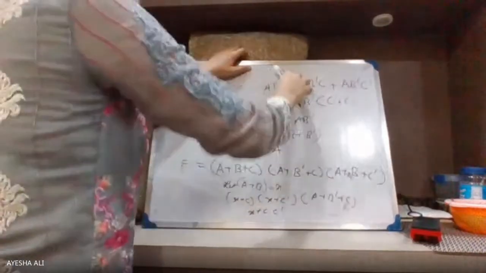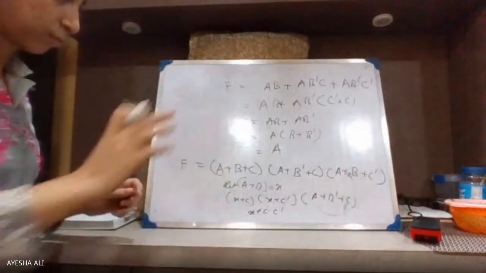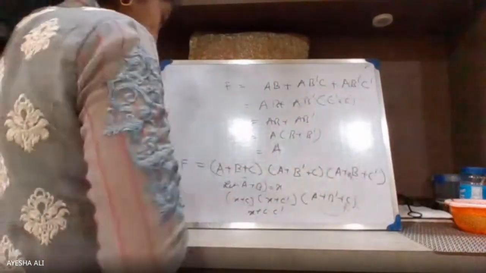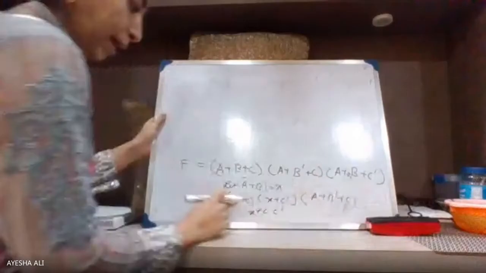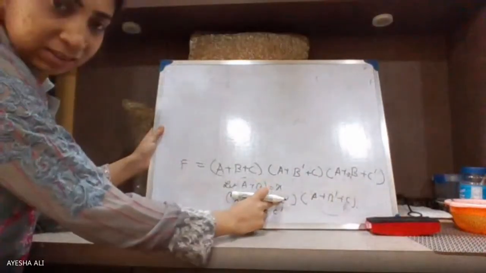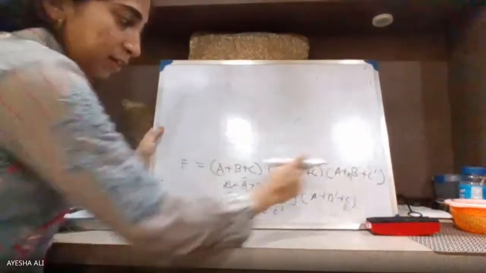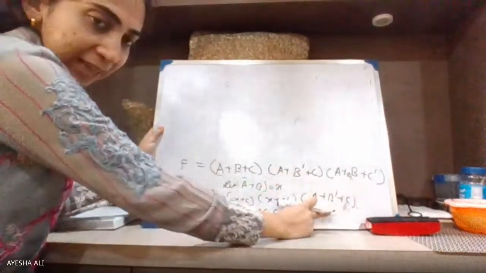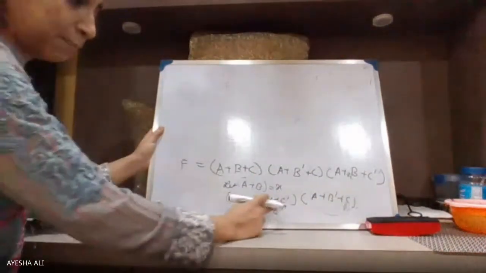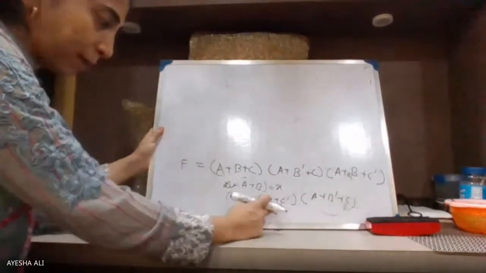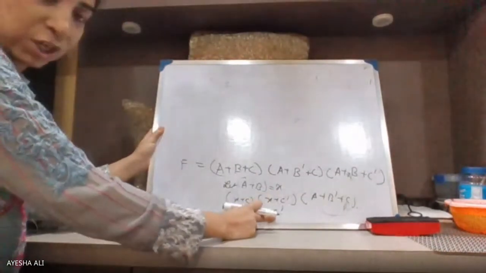Let me write this again over here. I have taken A plus B as X. So this is X plus C and X plus C complement, and A plus B complement plus C is as it is. Using the distributive law it becomes X plus C into C complement.